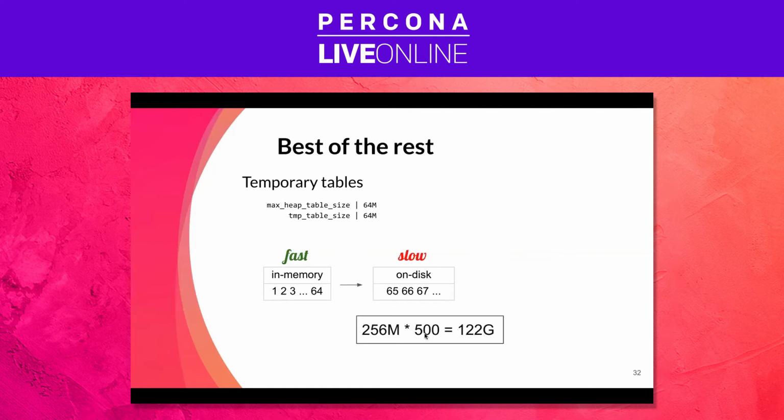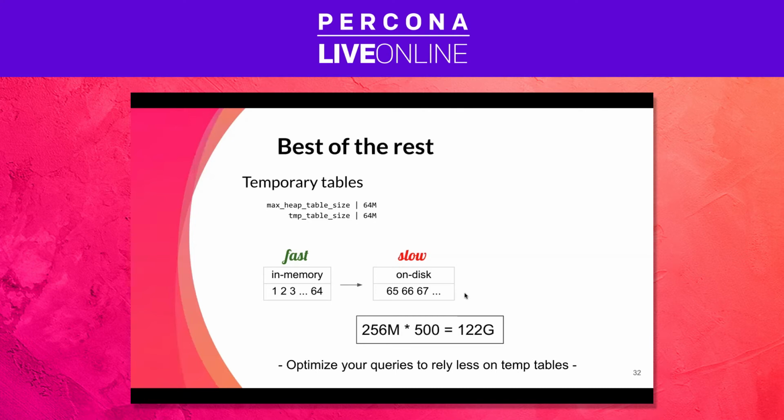So there is a reason to have a limit on how much you can abuse memory from temporary tables. In fact, a large number of temporary tables consuming too much memory is the number one reason for MySQL being killed by the out-of-memory monitor, okay? So do optimize your queries to rely less on temporary tables. That is the best advice I can give.